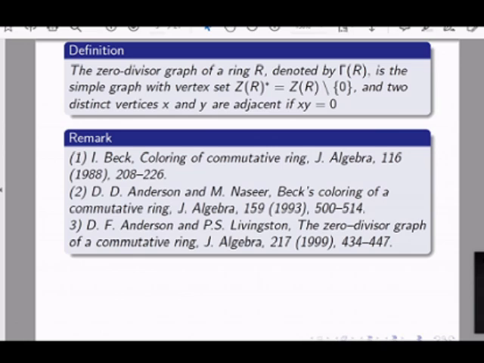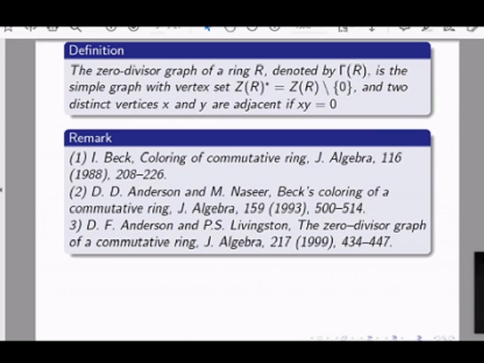There, the vertices are all elements of the ring R, and he was interested in coloring. In number two, the authors continue the work in number one and they answer some questions raised in number one.